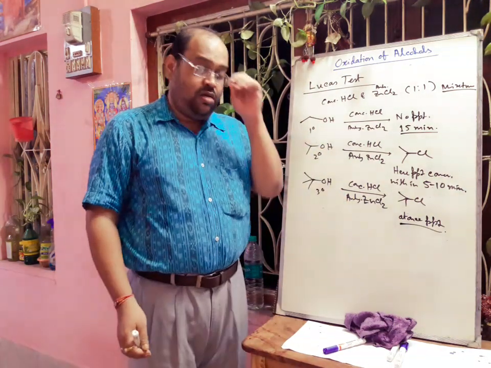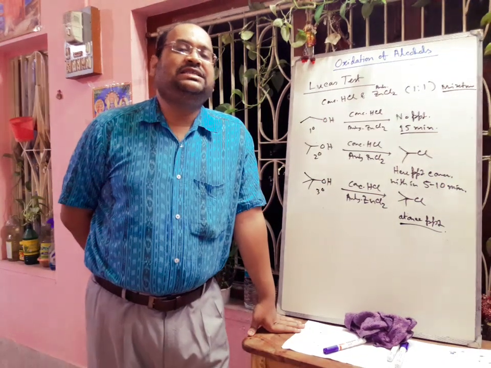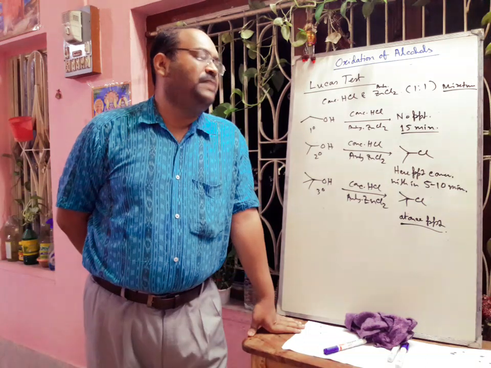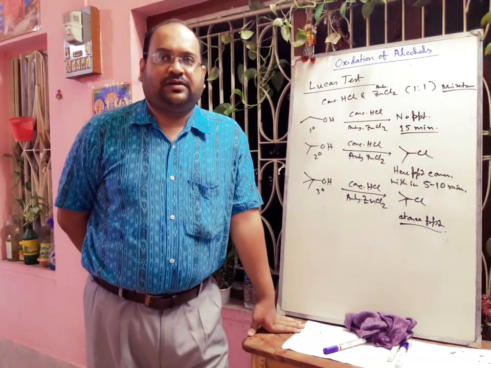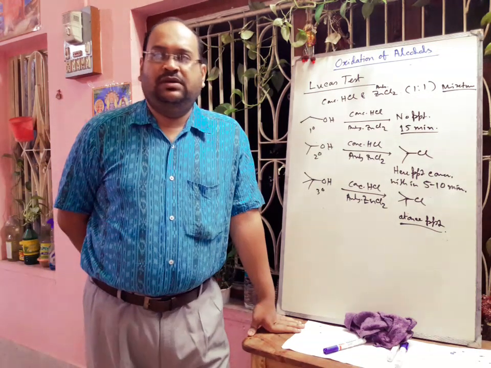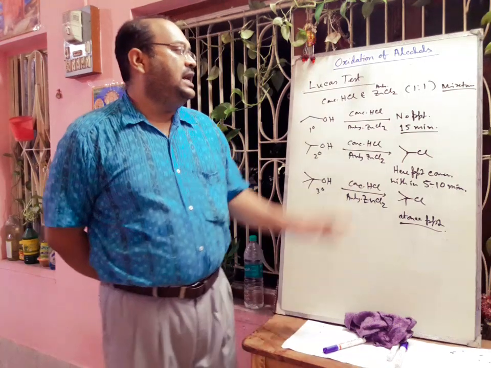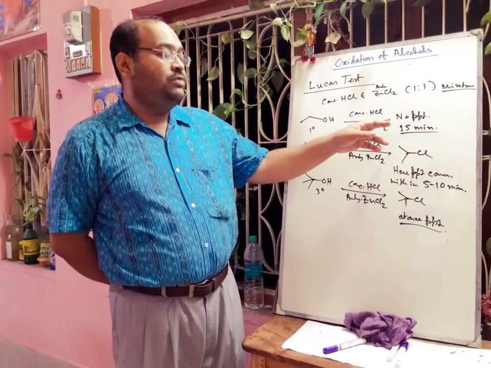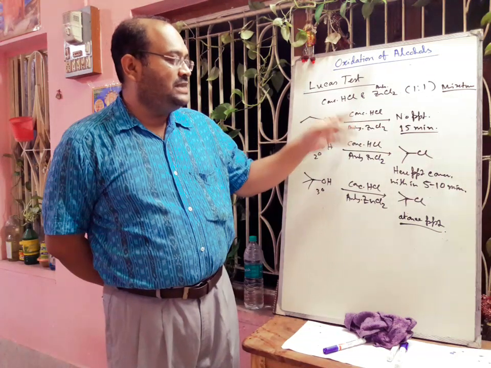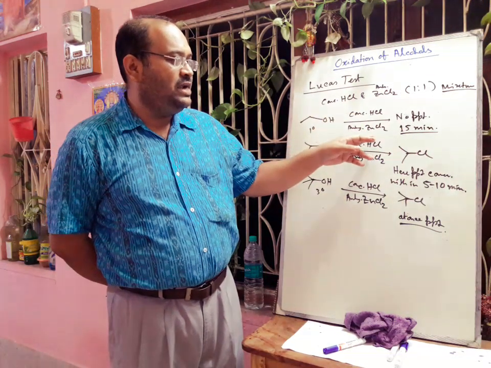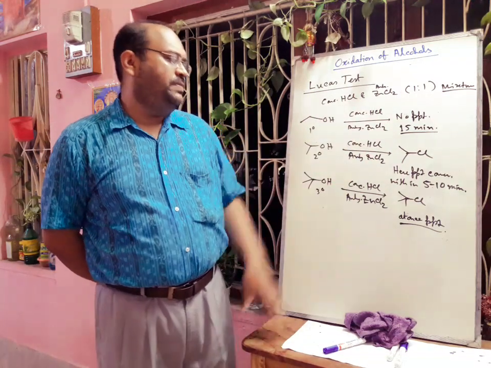So by using this reagent, we can easily differentiate between primary, secondary and tertiary alcohol. In case of primary alcohol, we are not getting any precipitate quickly. If we use the same concentrated HCl and anhydrous zinc chloride and wait for 15 minutes also, there will be no cloudiness or precipitate.